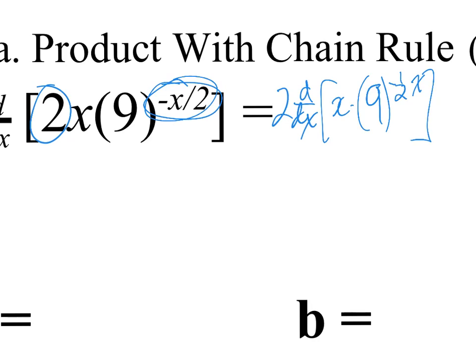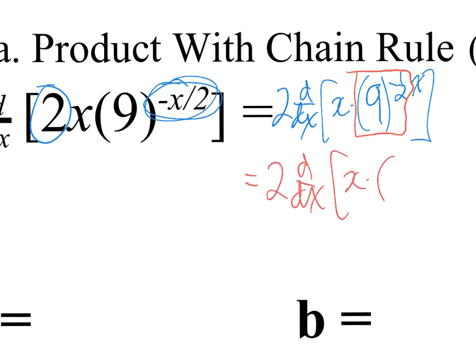Now, we know from our exponent rules, that's an interesting thing. Exponent of 1/2 is square root, and a negative exponent means division. So what does that mean? 2 d by dx of x multiplied by 1/3 to the x. Okay, that's what we have.